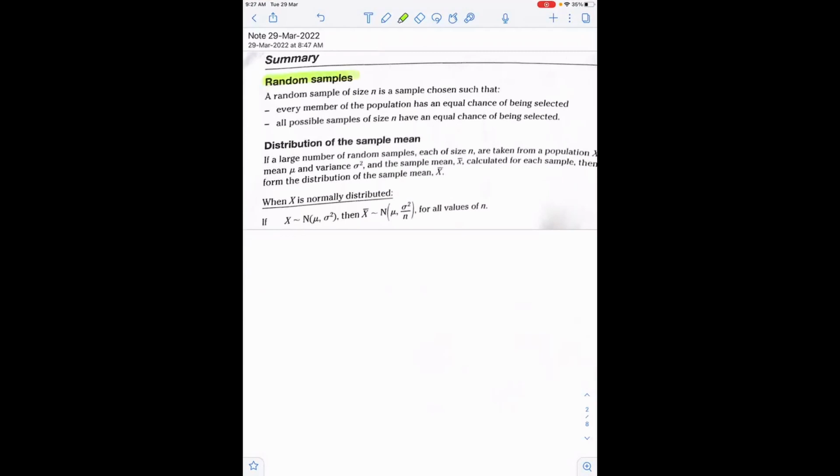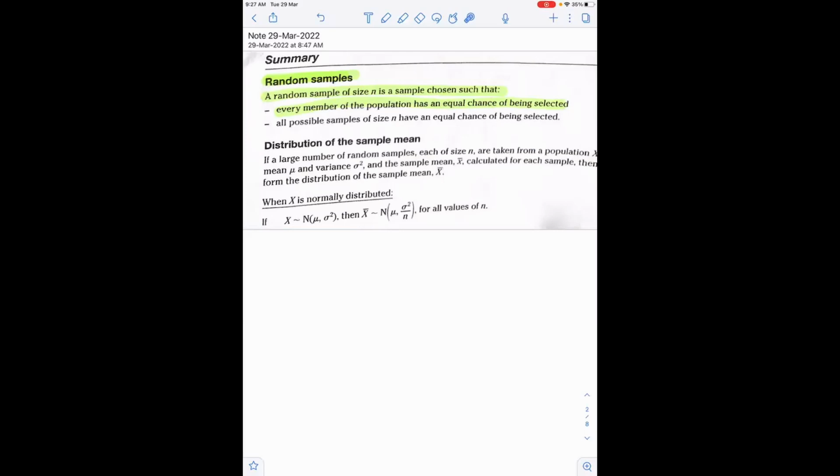What is a random sample? We know that a random sample of size n is a sample chosen such that every member of the population has an equal chance of being selected. This I've emphasized a lot in the previous classes. Another thing is that every possible sample should also have an equal chance of being selected.